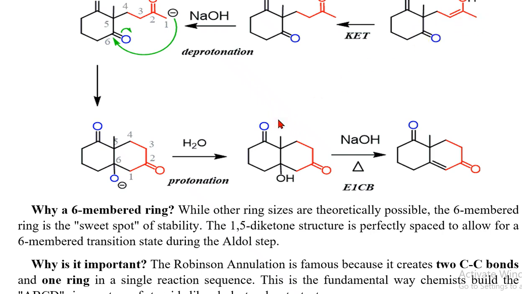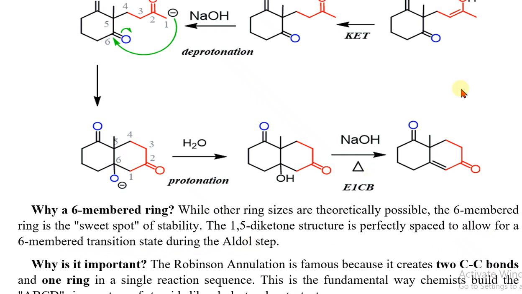The conformation of the molecule is very good to make the cyclization at this point here. So the 1,5 diketone structure is perfectly spaced to allow for a 6-member transition state during the aldol step.